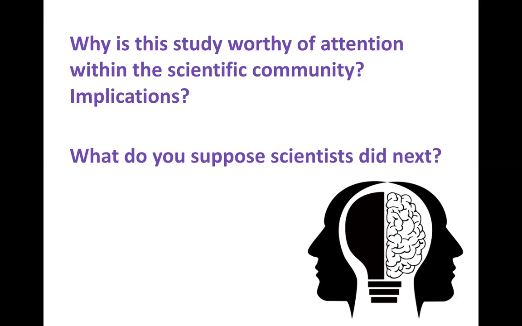Remember, up until the time when Griffith was doing experiments, other bacteriologists believed that different types of bacteria remain fixed during their lifetime and cannot be changed. So what are the implications if we can prove otherwise? What do you suppose scientists in the field did next?